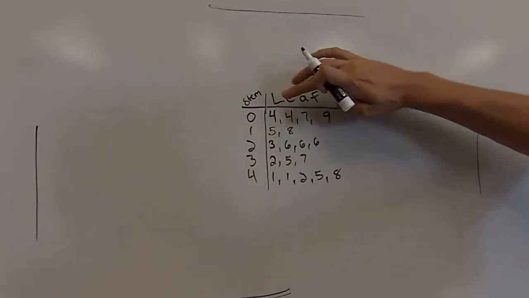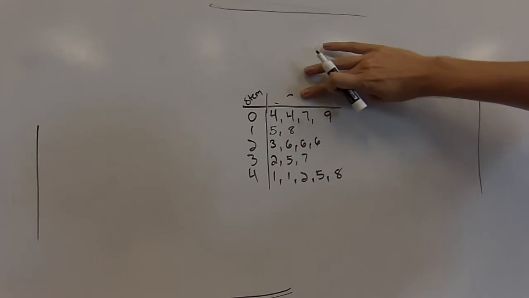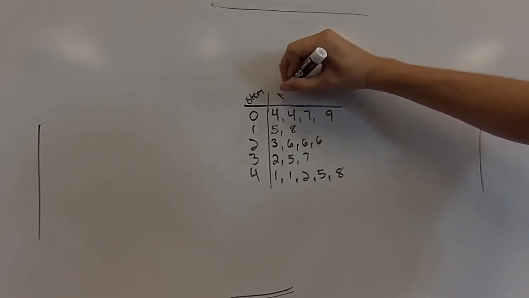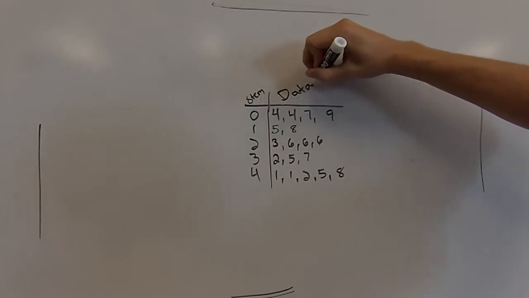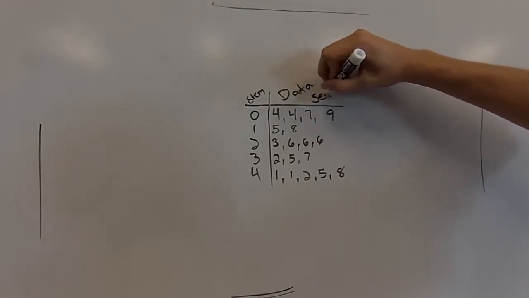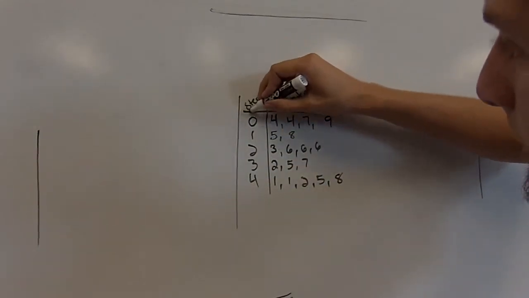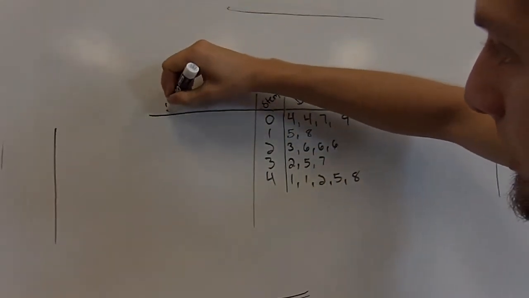So let's say, okay, here's data set 1. Then what you would do to compare two sets of data, so we're on the left side, here's data set 2.